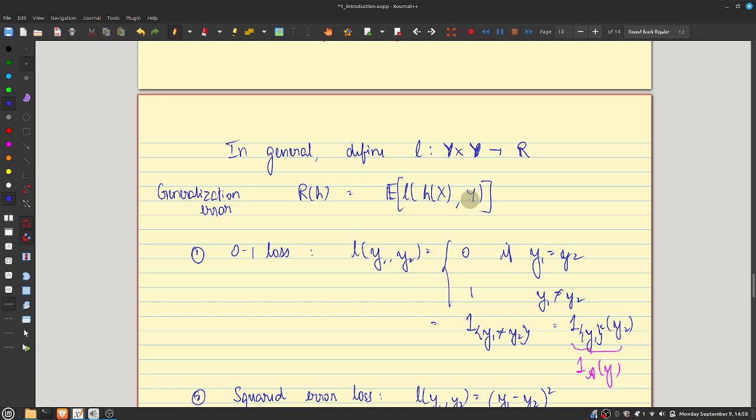It is sampled according to Pxy, which is the ground truth distribution, but x comma y here is independent of the training set. What do you mean expectation over all the samples? This expectation is with respect to a new random sample, which is statistically independent of the training set.